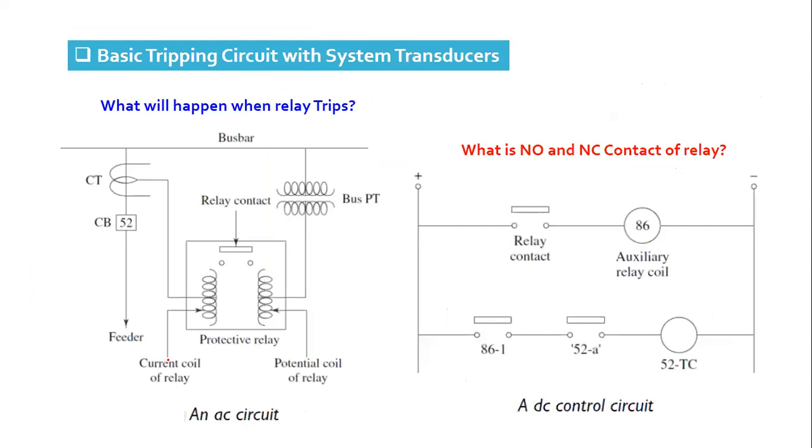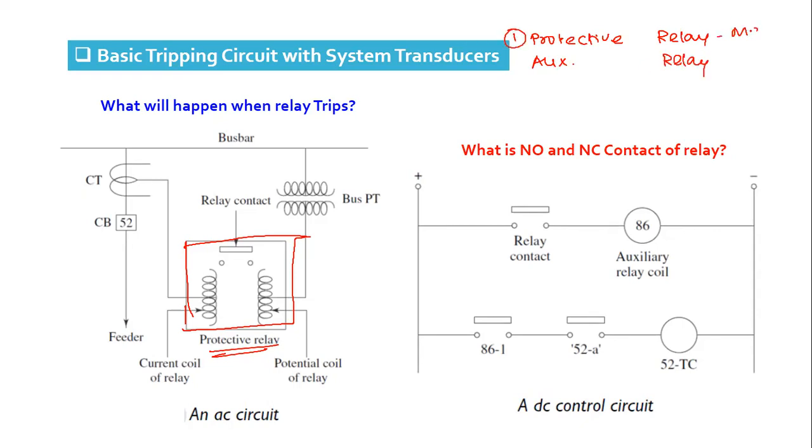Then we have seen the basic tripping circuit. In the basic tripping circuit, suppose we have used one relay here, which is a protective relay. The relays are classified into two categories. One is called the protective relay, the other is called the auxiliary relay. The function of the main relay or protective relay is that it senses the fault, and once it senses the fault, it will energize the auxiliary relay.